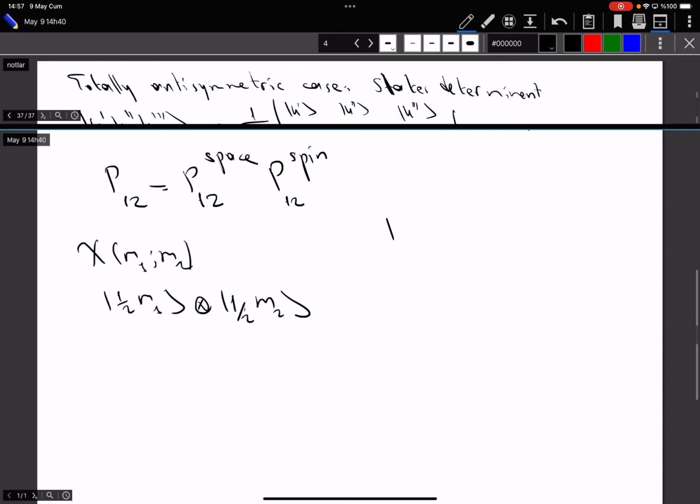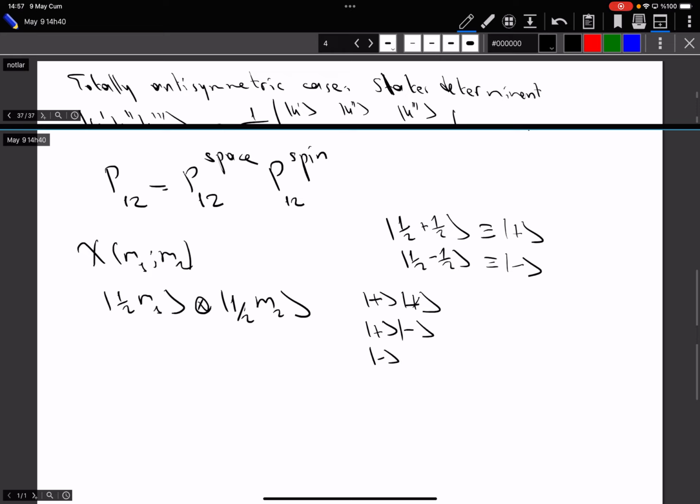Let me write 1 over 2 as plus, and minus 1 over 2 as minus. So the four possible combinations will be plus plus, plus minus, minus plus, and minus minus.